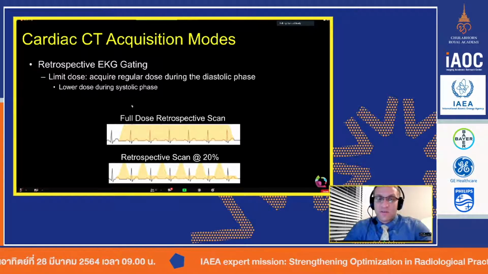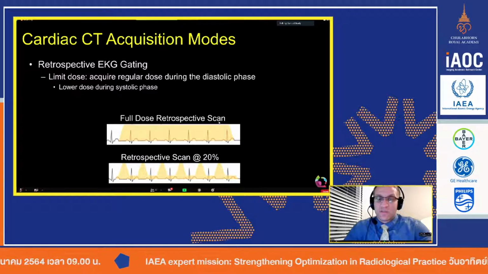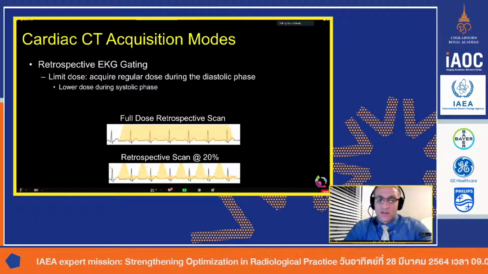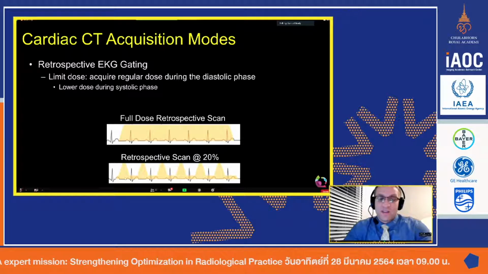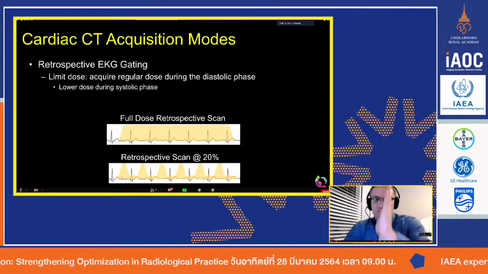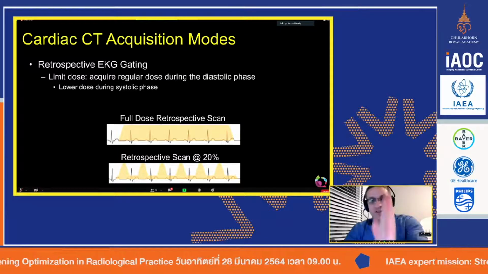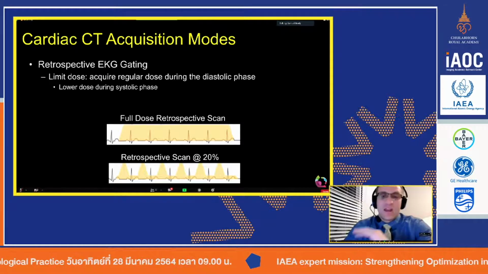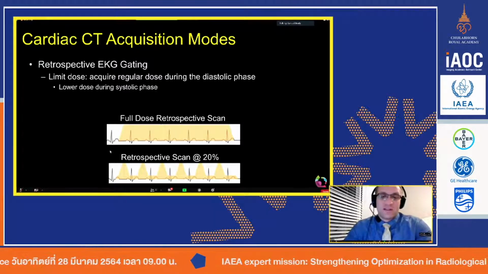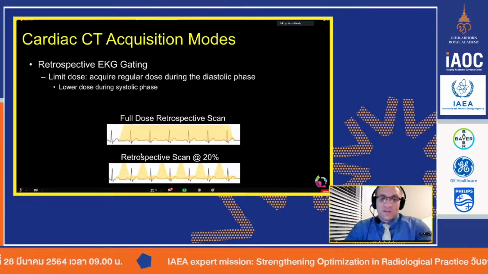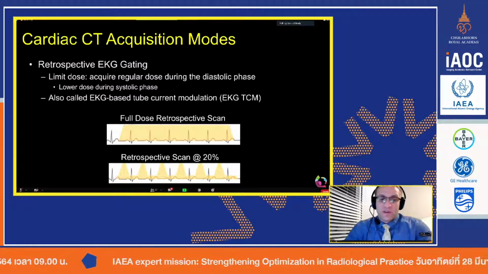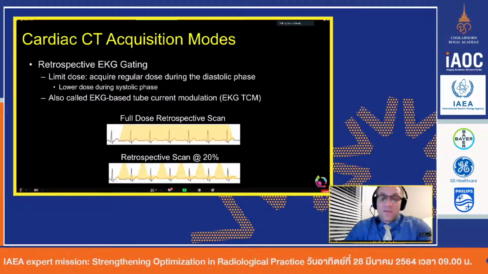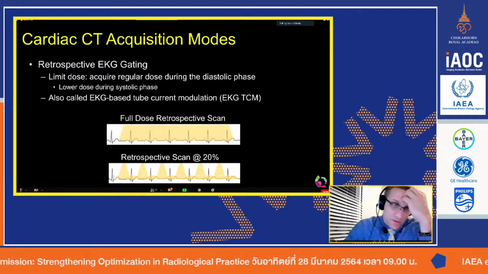And irrespective of whether you do a full dose retrospective scan or a retrospective scan that's at some percent dose reduction, because you have data at every phase, you can still go back and reconstruct the images at 10%, 20%, 30%, 40%, or any kind of mixture of that. Obviously, if you reconstruct an image at say 10%, where the dose was ramped down, the image quality is going to be a lot lower because it's just going to be much more noisy.